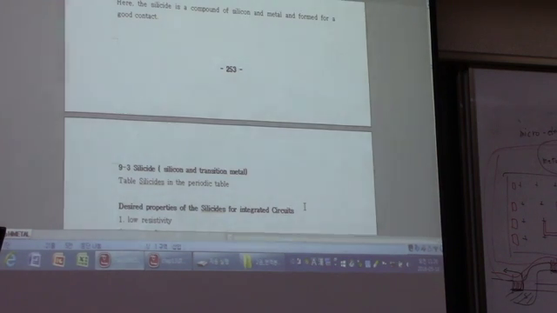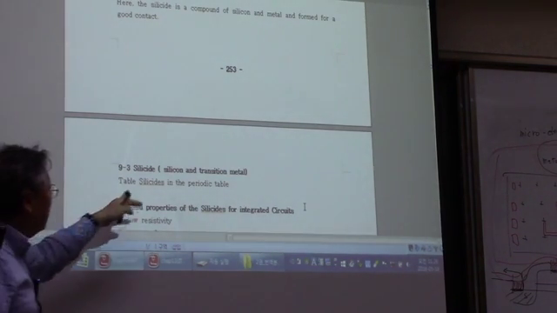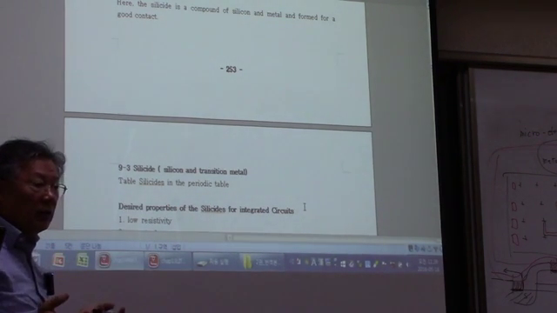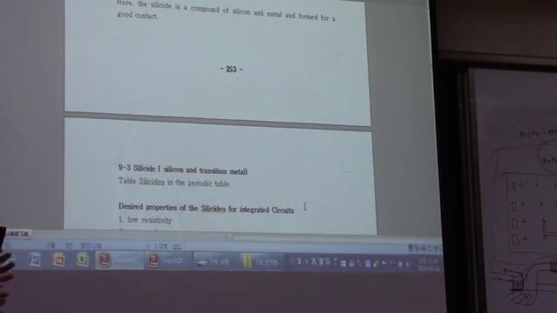By the way, the silicide is a silicon and transition metal compound. If you carry out the heat treatment on the silicon with metals, transition metals especially, then it'll form a silicide.